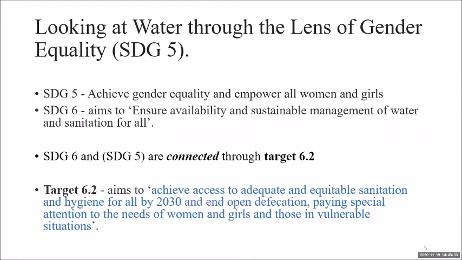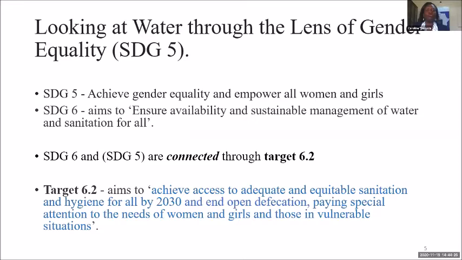And 5 and 6 are actually connected through 6.2, and energy for all activities, paying special attention to the needs of women and girls and those in vulnerable situations. We just want to look at water and sanitation through the gender lens.